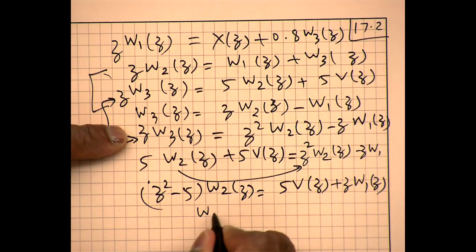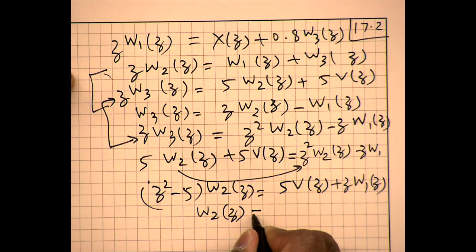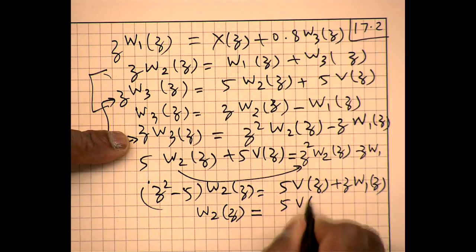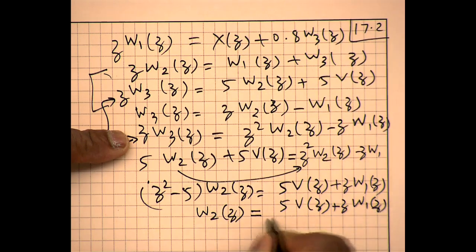So now we have W2z expressed as 5Vz plus zW1z divided by z squared minus 5.